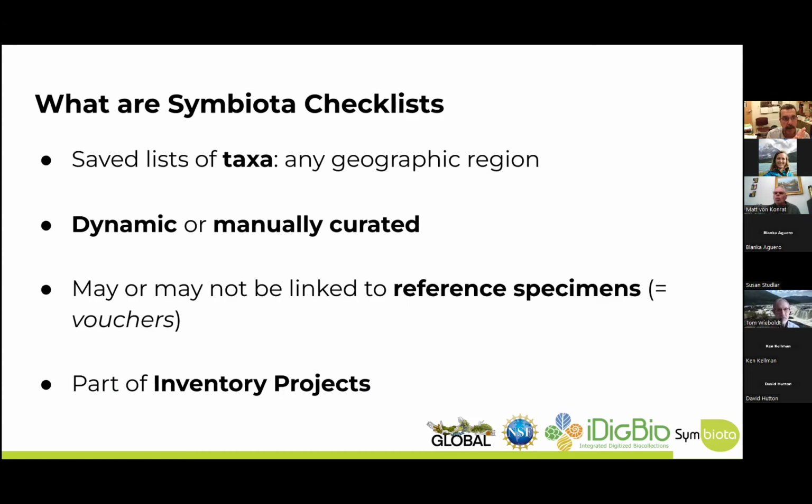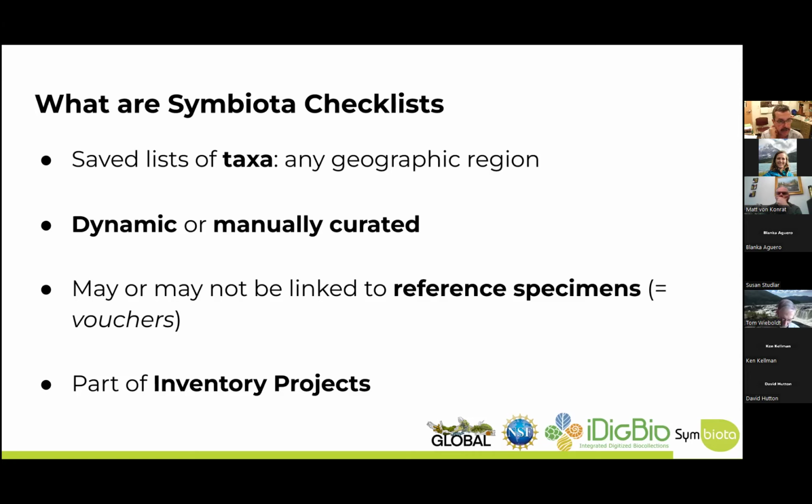Anyway, what are checklists? Checklists are basically simply saved lists of taxa, and they can be applied to virtually any geographic region. They could be local, of your backyard, or a particular county, state, or country, or they could even cover entire regions like across the Andes, or whatever region you're interested in.